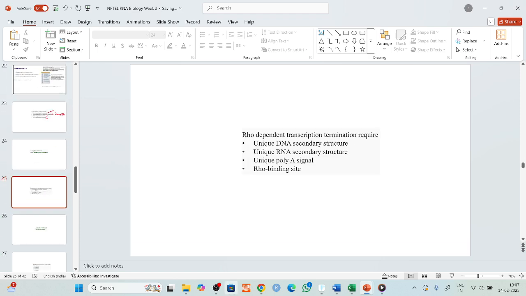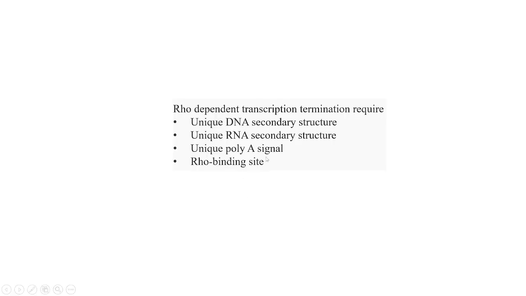Fine. Next question is, rho dependent transcription termination requires unique DNA secondary structure, unique RNA secondary structure, unique poly A signal, or rho binding site. What is the correct answer? Think.